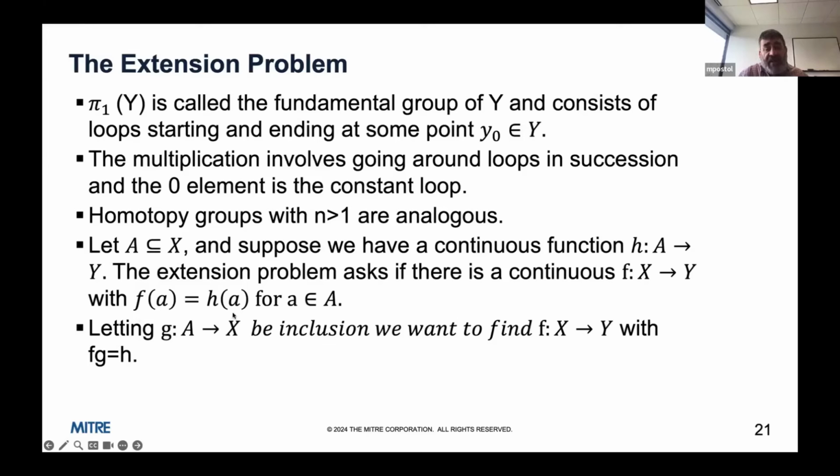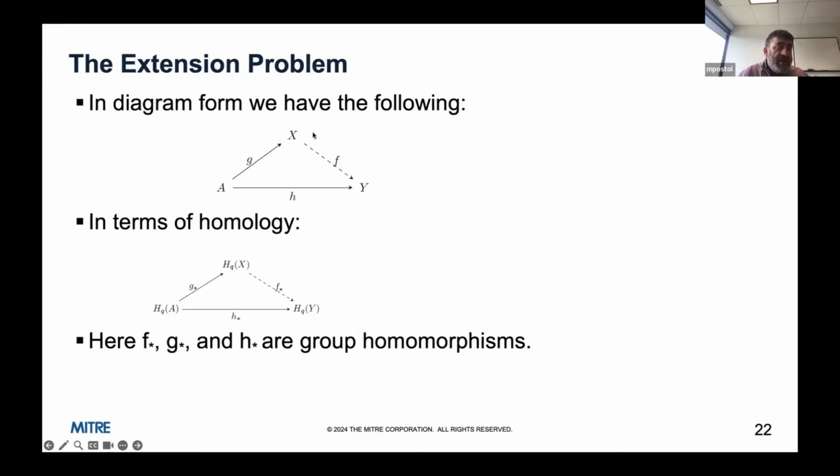So f of a is equal to h of a for a in A. So letting g be the inclusion, which is just taking things in A to itself, what we want to do is find an f going from X to Y so that f composed with g equals h. So g goes from A to X, and we want a function to go to Y which will be the same as h, which is going from A to Y. Okay, so here's a little diagram of that.